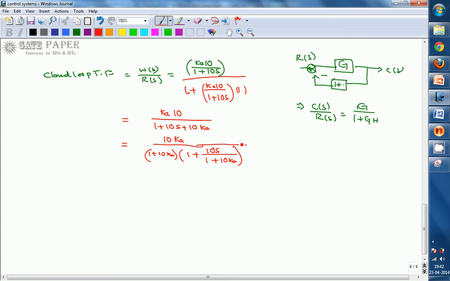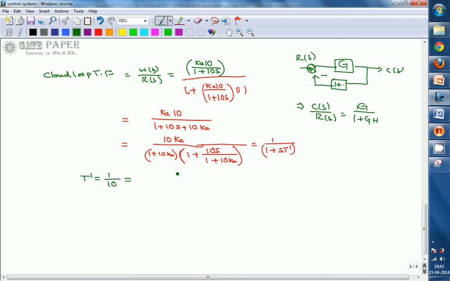Then this is equal to the 1 plus ST dash form. So the T dash value is 10 by 1 plus 10 Ka, and we already know that this is equal to 1 by 10.